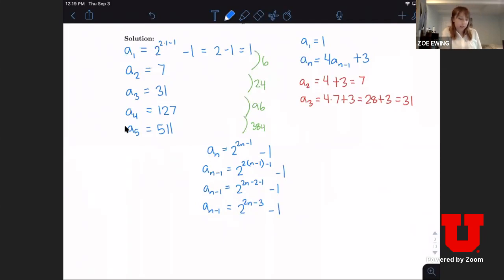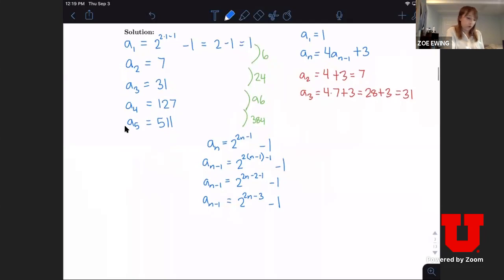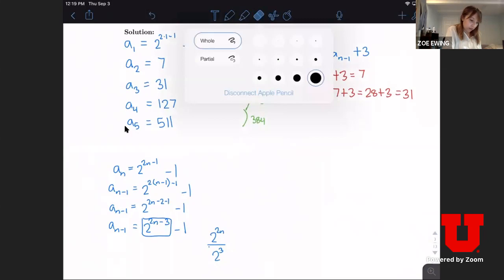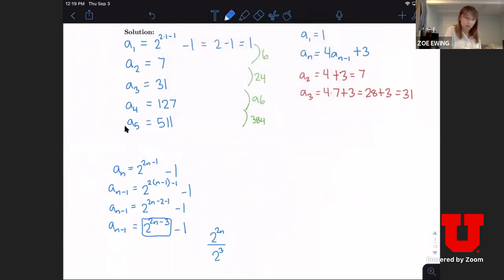And then this is a good place where it's important to know your algebra pretty well. I'm just going to move this down. Because this can be rewritten to be 2 to the 2n over 2 to the 3. Does everybody understand how that worked out?